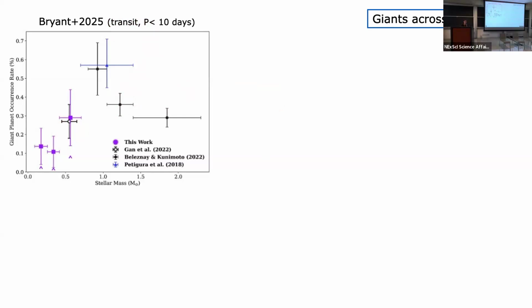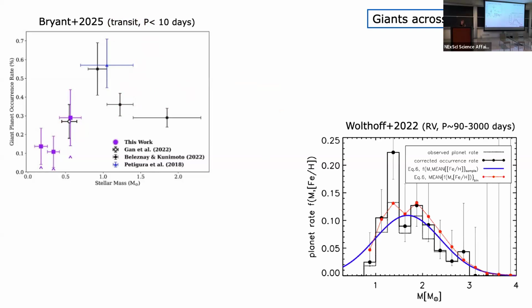Let's now use radial velocity to look at giant planets that are further out. Same thing: first an increase towards higher mass and then a decrease. If you look carefully at these plots, you might notice that the peak of the distribution is not exactly at the same stellar mass.